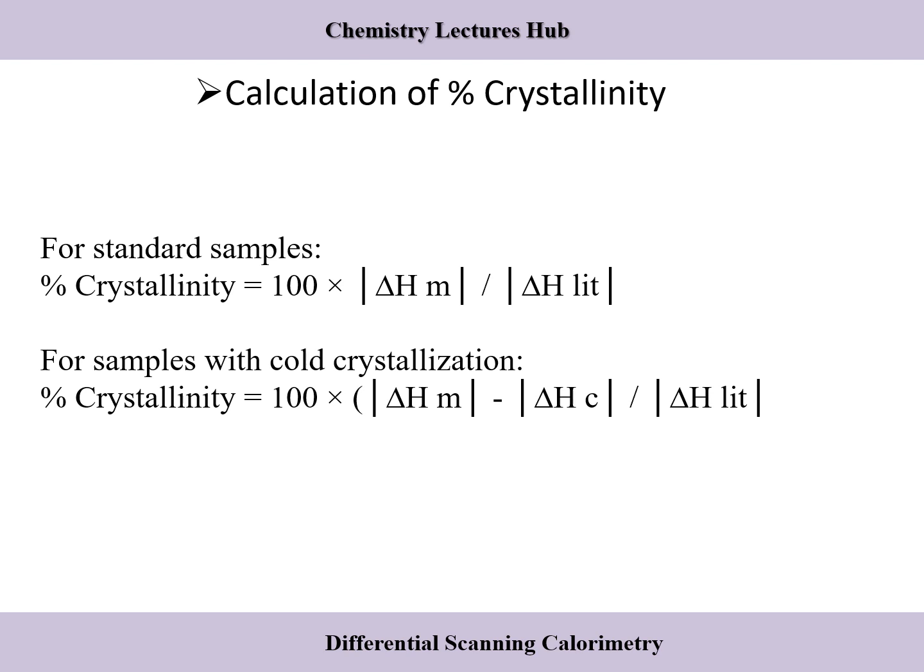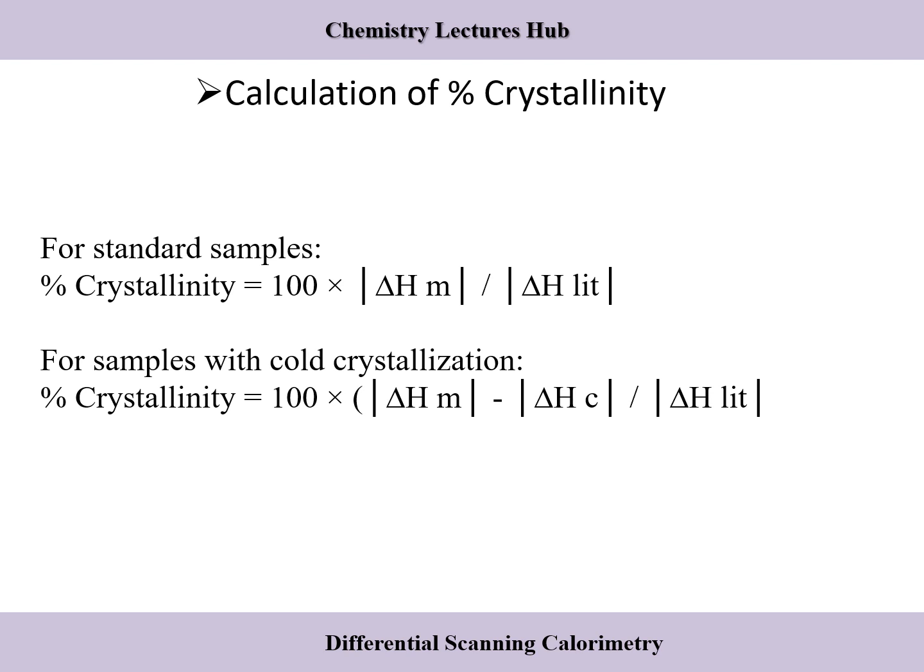For calculating the percent crystallinity, we must know the enthalpy of melting for 100% crystalline material, that is, ΔH in the literature. For standard samples, percent crystallinity can be calculated by dividing the enthalpy of melting of the sample by the enthalpy of melting in the literature, multiplied by 100.